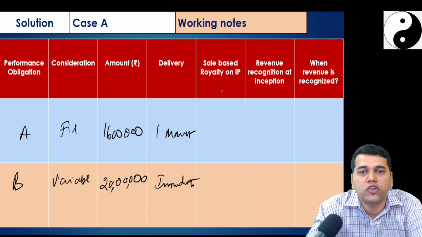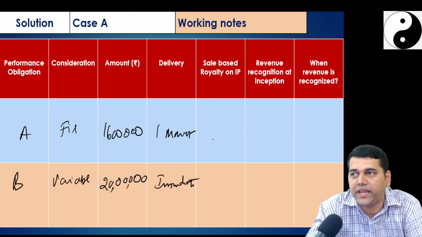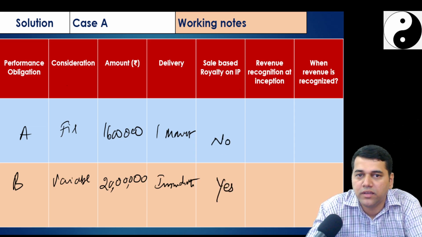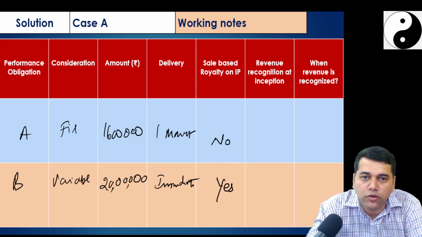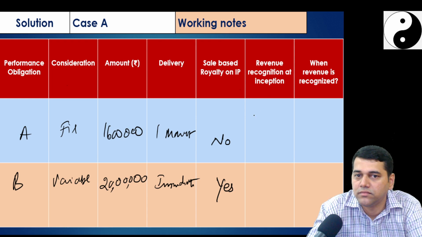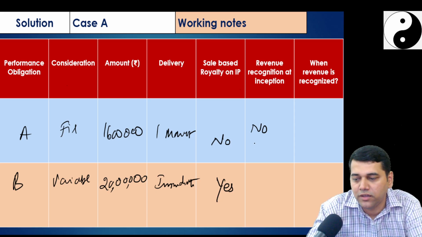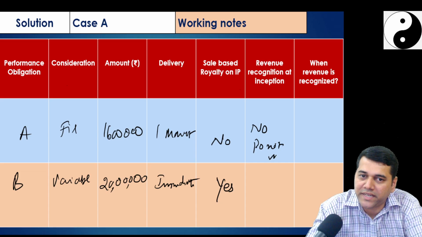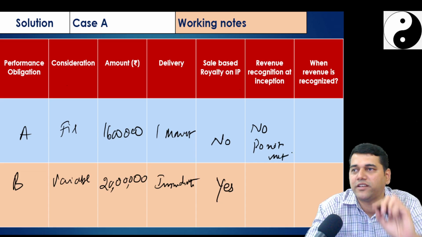Is a sale based royalty applicable for A? No. Is it applicable for B? Yes. Now, should you recognize the revenue at the inception of the contract? No. Why? On delivery. So why? PO not met. The performance obligation is not satisfied.